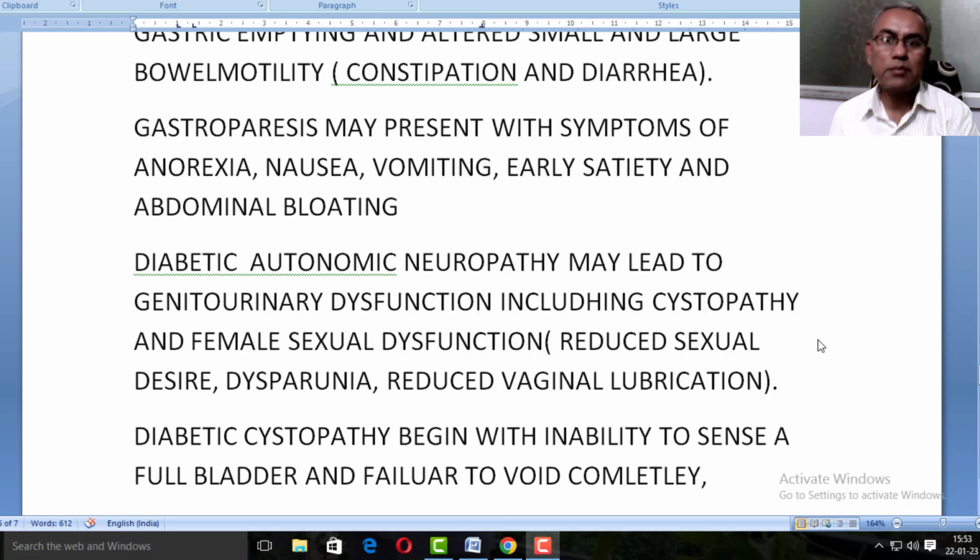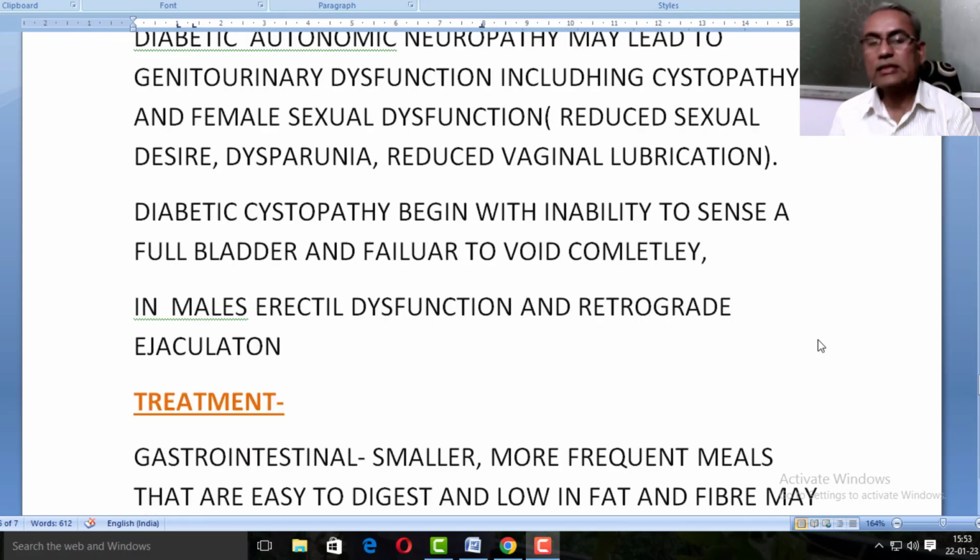Here, the patient may not feel that his or her bladder is full and fail to pass urine. They may pass urine involuntarily, and develop incontinence or retention. In case of males, erectile dysfunction and retrograde ejaculation.